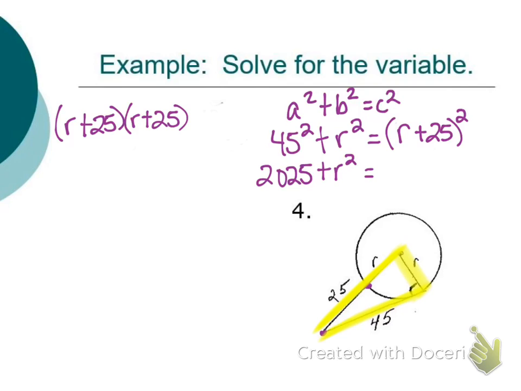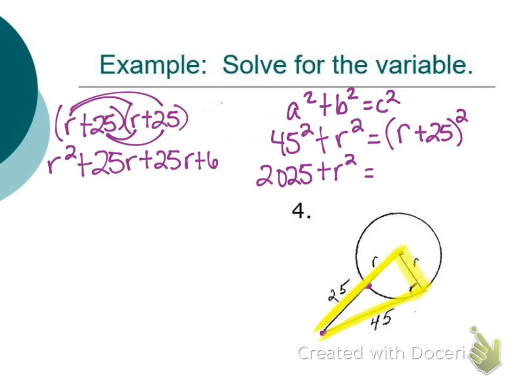When we do that, we have to double distribute. So if we distribute the R first, R times R is R squared plus R times 25, 25R. Then we have to distribute the 25 from this first set. So 25 times R is another 25R. 25 times 25 is 625. I don't like this.